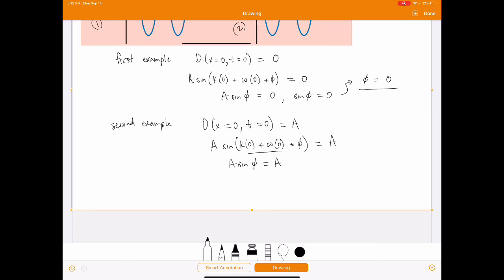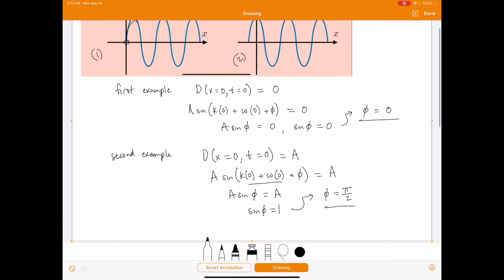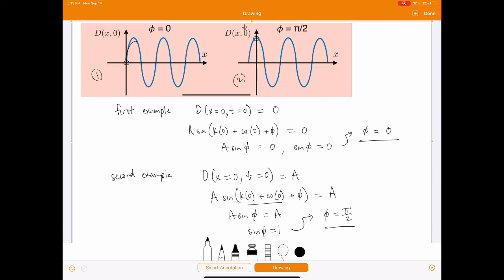That's equal to a. So therefore, sine of phi is equal to 1. So then again, the question becomes, what angle do we choose where the sine of that angle is equal to 1? That's pi over 2. So this is not just a regular sine curve. It's shifted by pi over 2 in the second example. And again, the point is the angle phi allows us to do that.